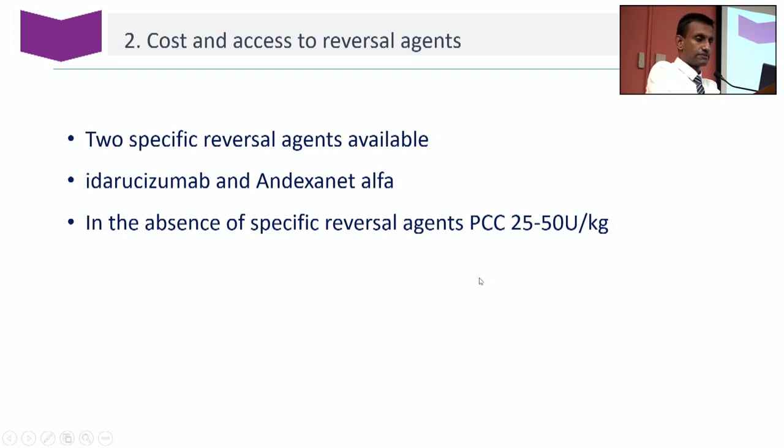Now, availability is a problem. We don't have either of these reversal agents here. And even in developed countries, for a publicly funded health system, andexanet alpha is exorbitant, hugely expensive, so it's unlikely it's going to get approval. But we have PCC, that is prothrombin complex concentrate, which is a plasma-derived product of factors 2, 7, 9, and 10.